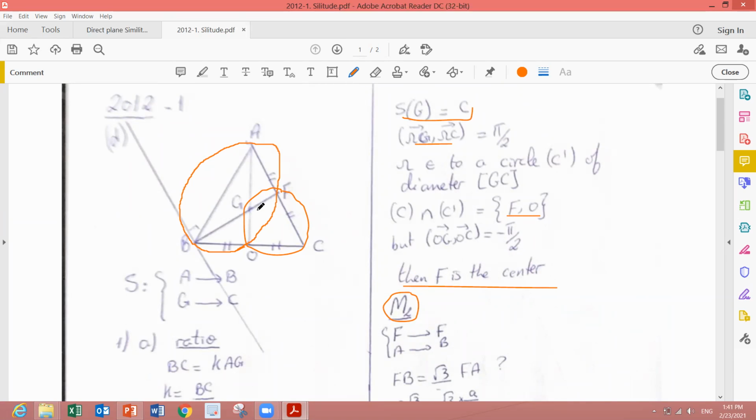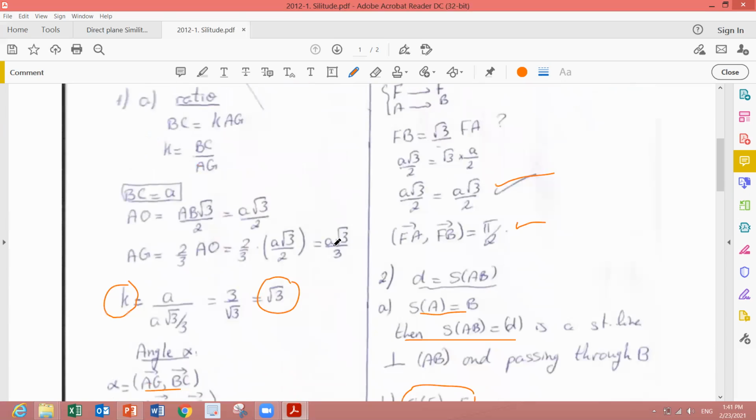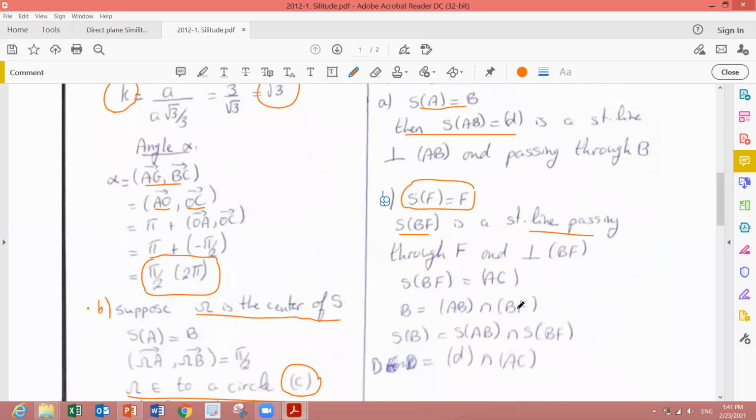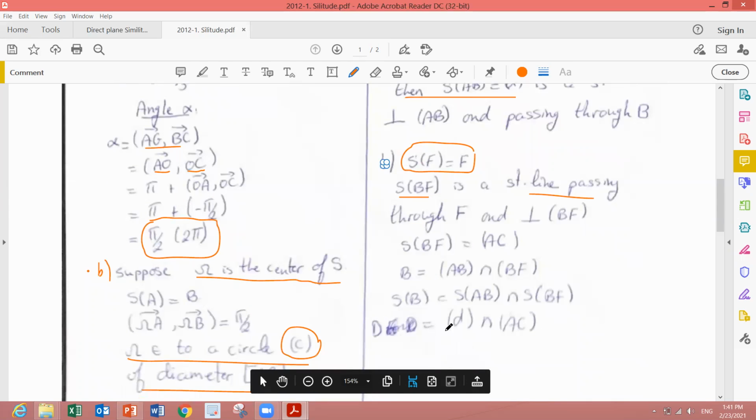AC. Now I can say that B equals AB intersection BF. So S of B equals S of AB intersection S of BF. Then D equals the line D intersection the line AC.